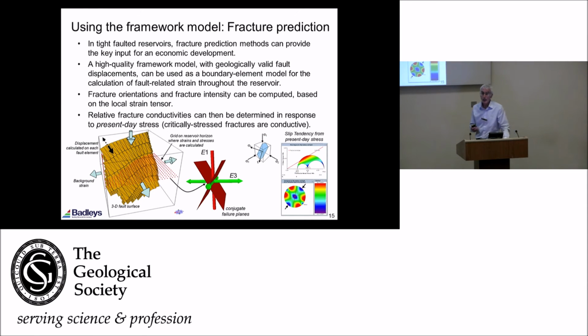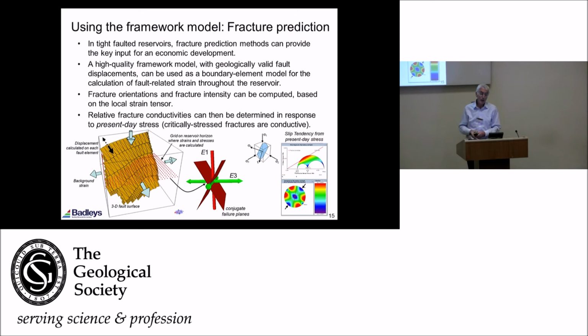Okay, the second example I just want to touch on is how we can use our framework model as direct structural input to helping us with tight faulted reservoirs where fractures are significant in contributing to the reservoir being an economic development.